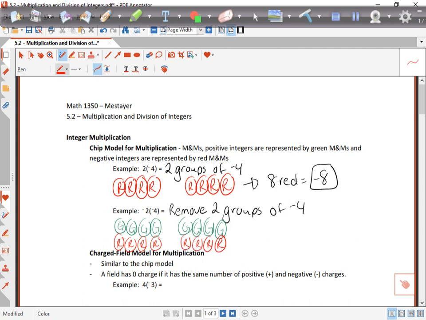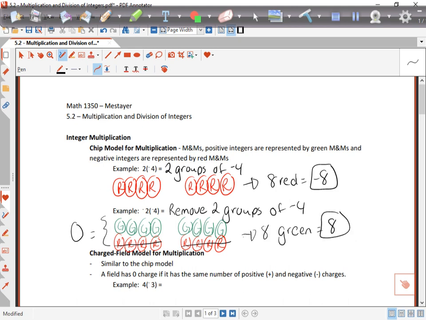The reason we're doing this is because this is equivalent to 0 still. So we're starting with nothing, but we want to remove 2 groups of negative 4. When I remove them, I'm left with 8 green, which stands for positive 8.